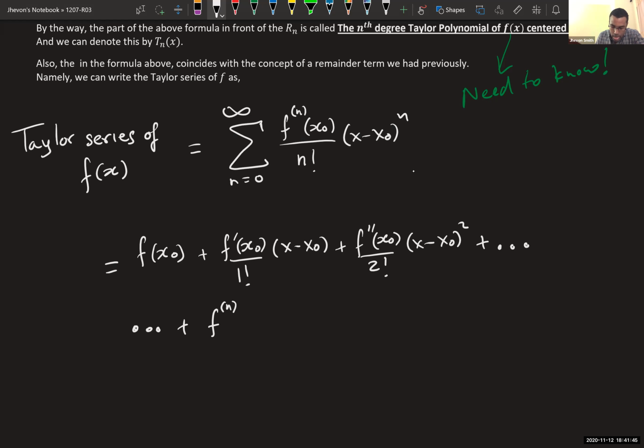So you have f to the n evaluated at x naught over n factorial times x minus x naught to the n. And of course, you can actually keep going, right?